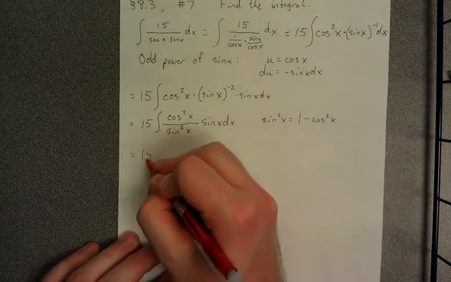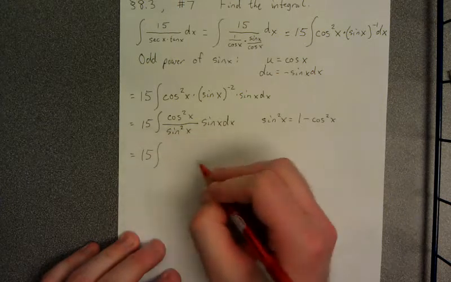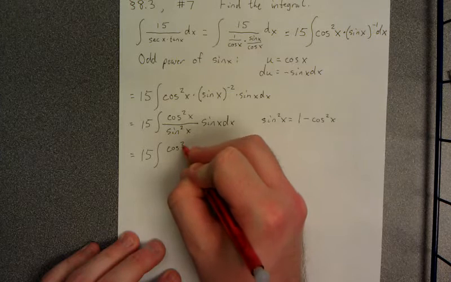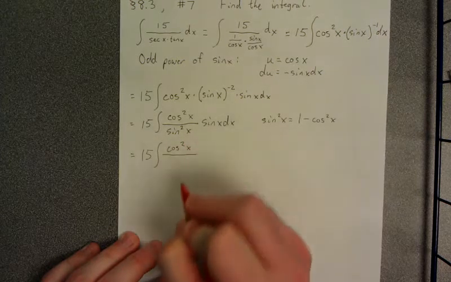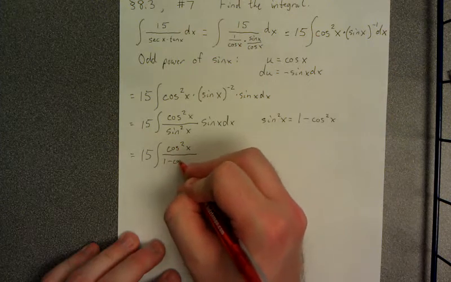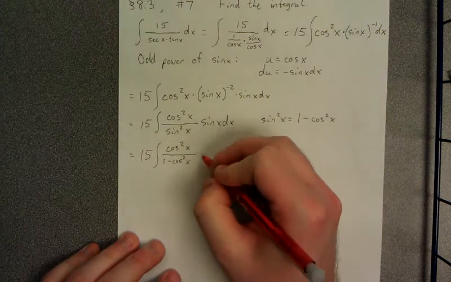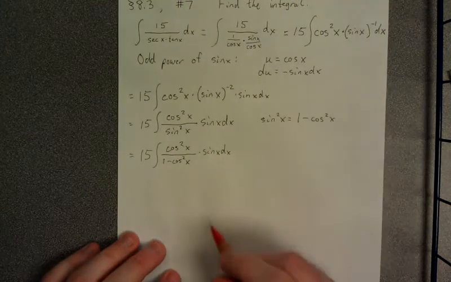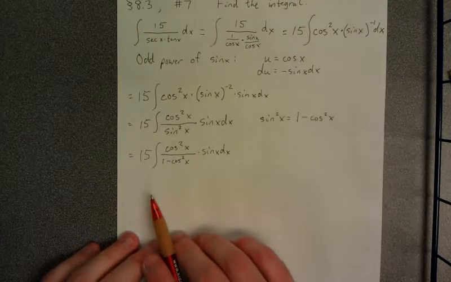Then our integral will become cosine squared x over 1 minus cosine squared x times sine of x dx. That looks ready for a u substitution.